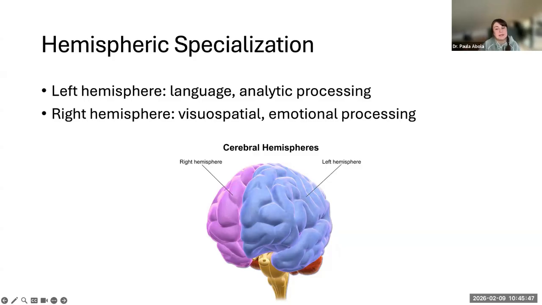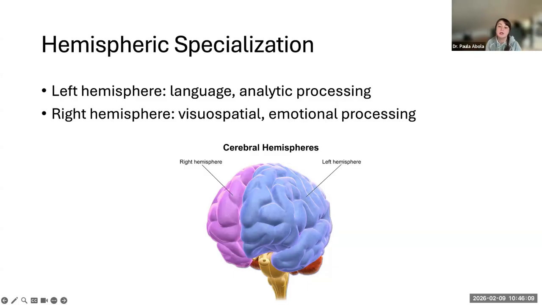This variability is especially relevant in clinical contexts, where assumptions about lateralization must be considered very carefully and supported by assessment data rather than taken for granted. Because as you can see, there are still differences between individuals. What is typical and found in most doesn't mean that it's in all.